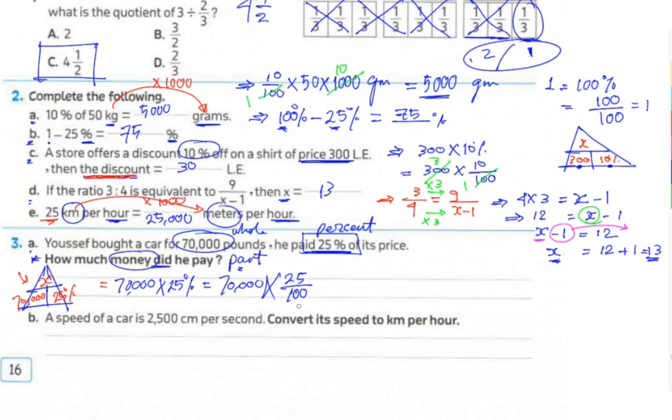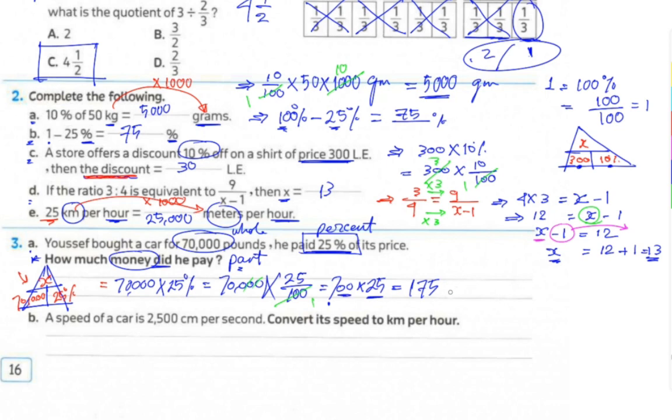What do we do? First, I can simplify the numerator with the denominator. How? Over 100 equals 1, over 100 delete two zeros. So we just have 700 times 25. That's easy. 7 times 25, 175.